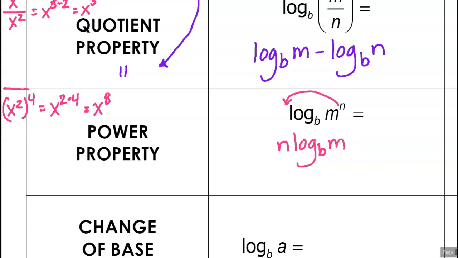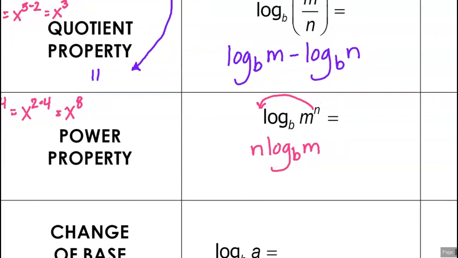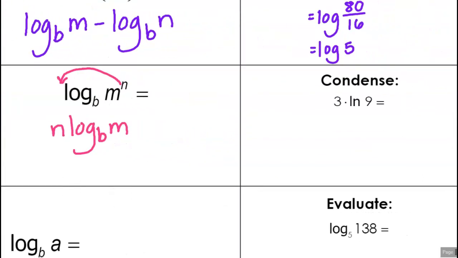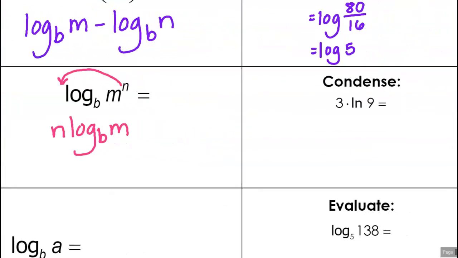And the reverse holds true as well. Anytime you have a coefficient in front of a log, you can move that coefficient to be the exponent on the argument. I know that is a little bit tricky to understand in your head, but it's really quite straightforward. So let's go ahead and try it.